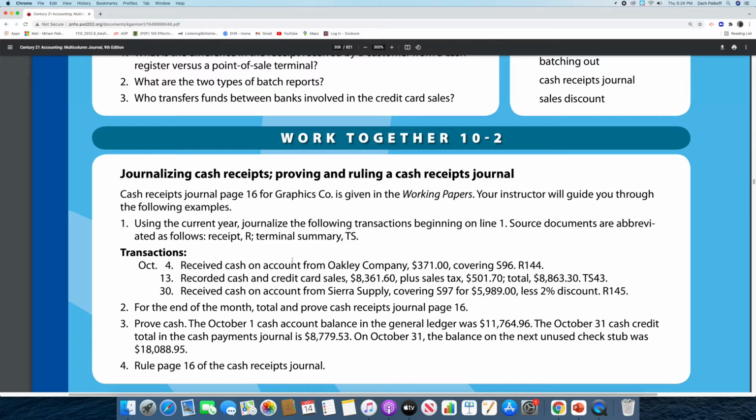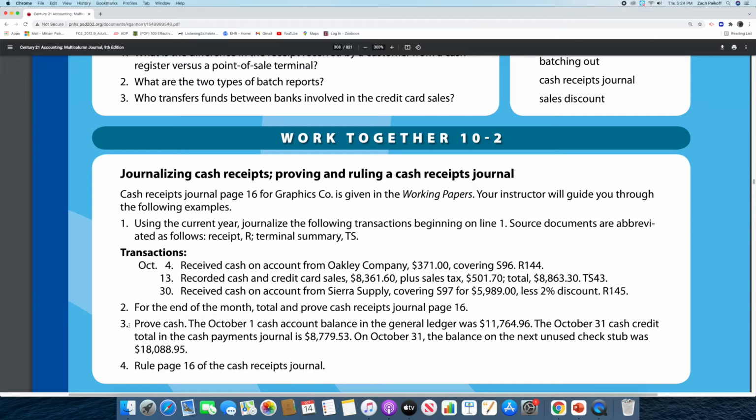Alright, so as you can see here, we are given 3 transactions, and they are dated on October 4th, 13th, and 30th. Number 2 is asking us for the end of the month to total and prove cash receipts journal, page 16. Number 3 is asking us to prove cash.